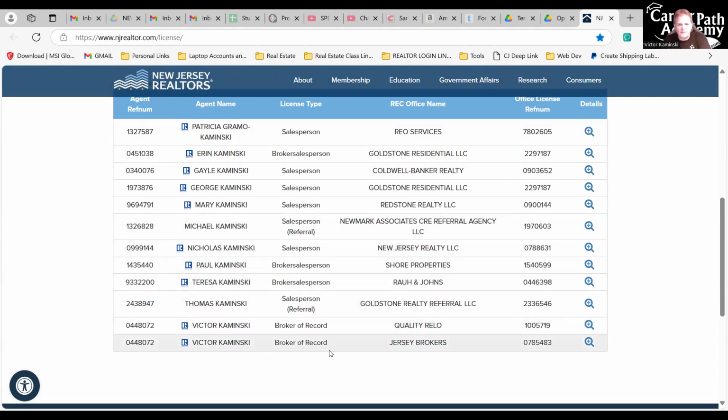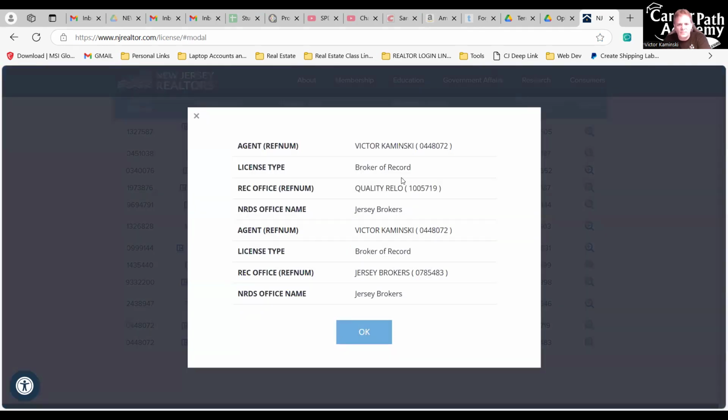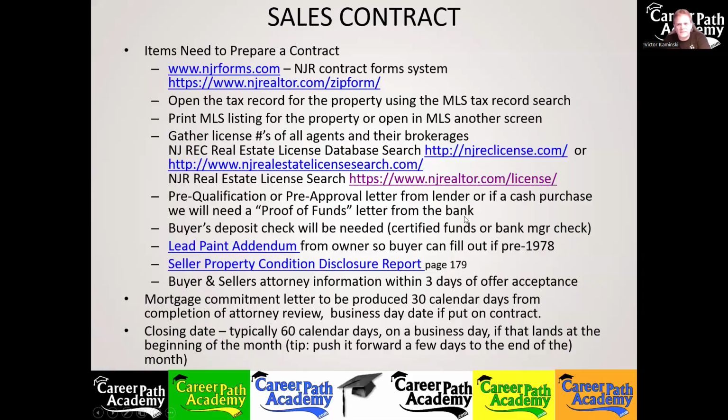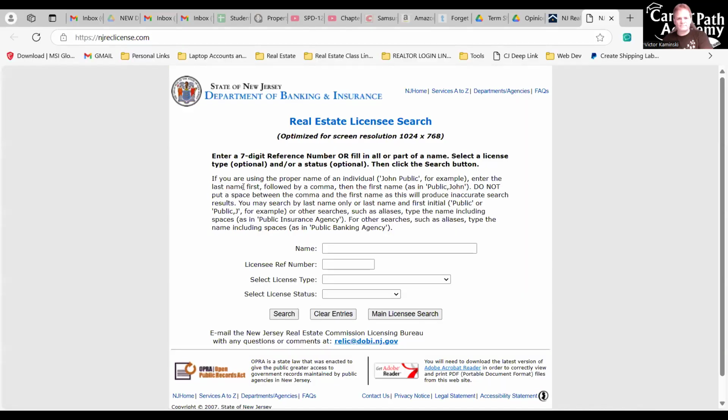Now, if my one company is putting together this, I could just click on that, but it doesn't give me all the address information and such, it just gives the license numbers. But if I were to go to, let's say, NJ Rec License or NJ Real Estate License Search, which points to the long domain name of the Real Estate Commission website, it takes us here.